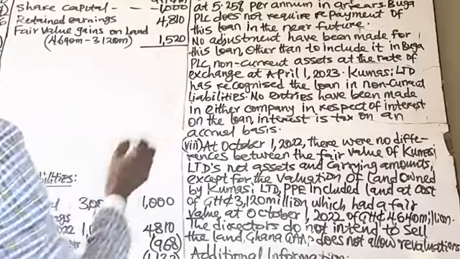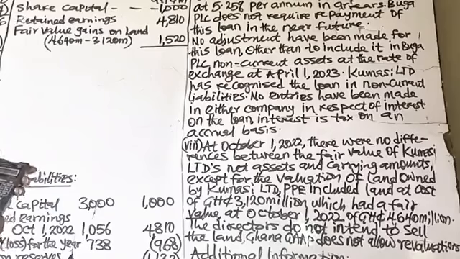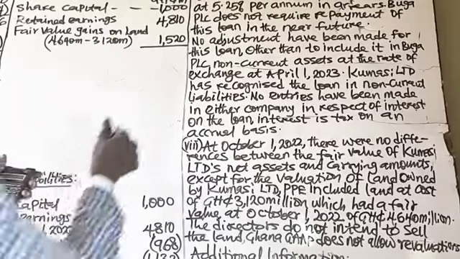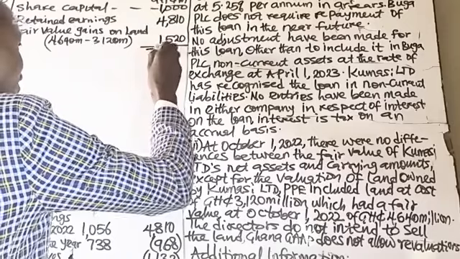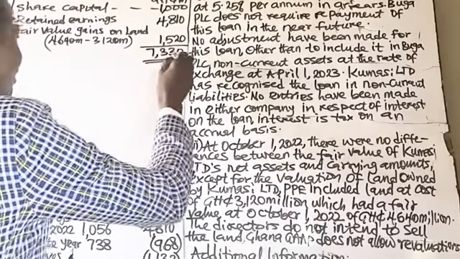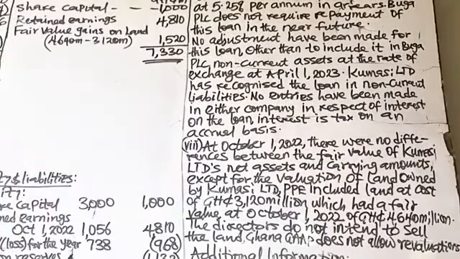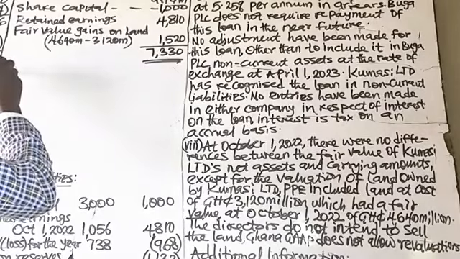If you sum this up, plus 4810 plus 1000, then you have 7330. This is the net asset of subsidiary on acquisition. So we can calculate goodwill on acquisition. Work number 7.